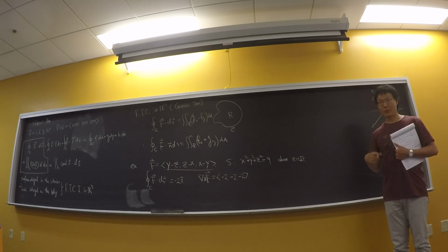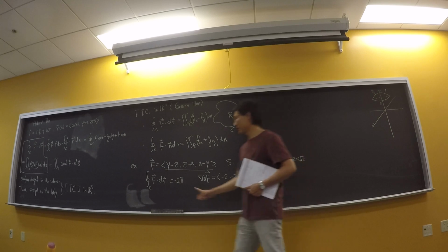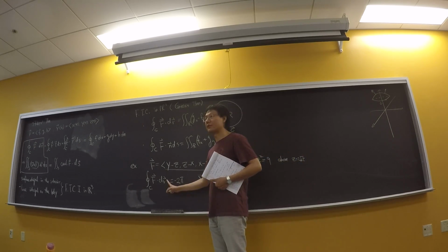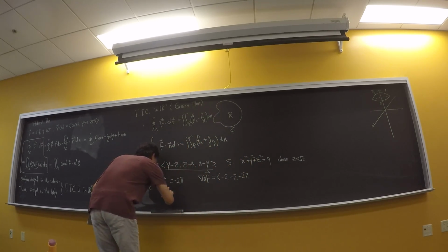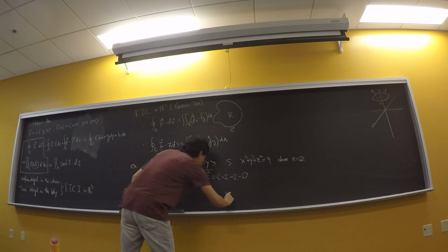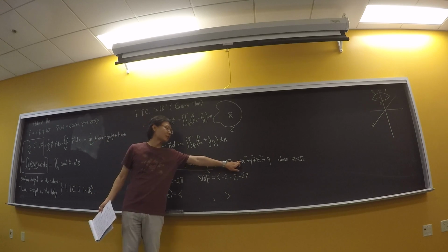Every time we want to compute a line integral, the key step is to set up the parametric equations for the curve. Last class we set up the parametric equation for this curve. It is pretty easy to find a relation between x and y.